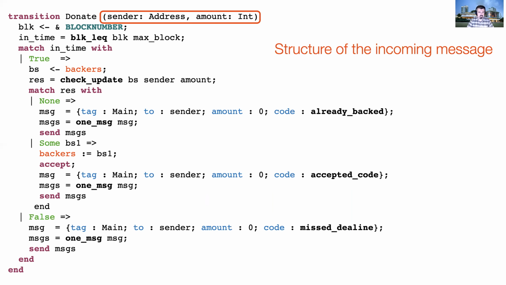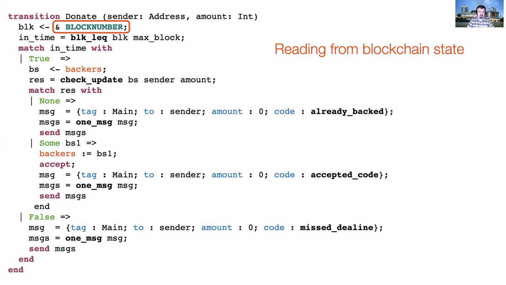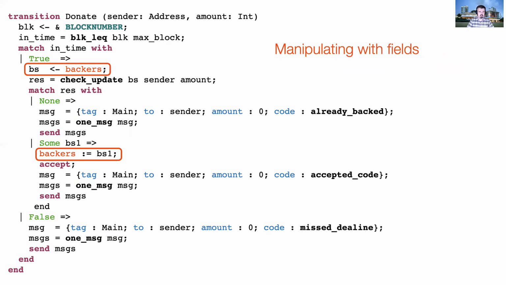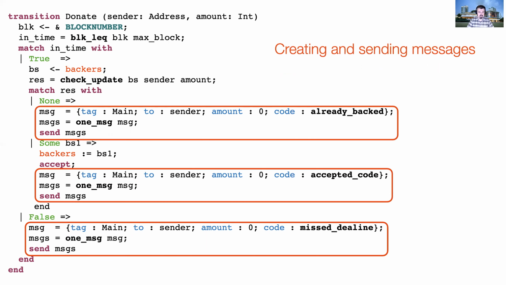It's actually quite simple to read. It takes the address of the sender and the amount to be donated, reads the current block number in the blockchain, makes sure that the deadline hasn't passed, and depending on whether the amount is sufficient and came at the right time, it updates the array of backers and sends back the message.